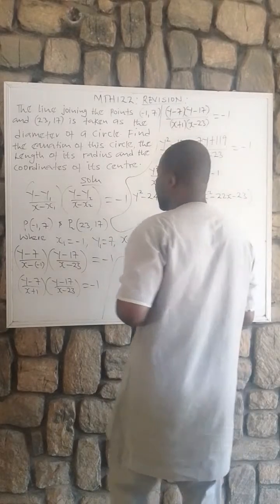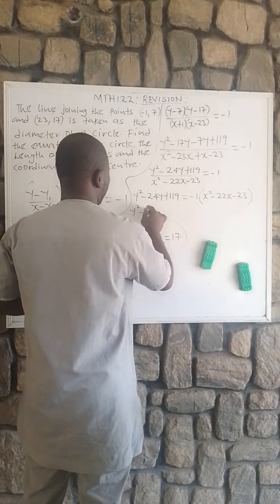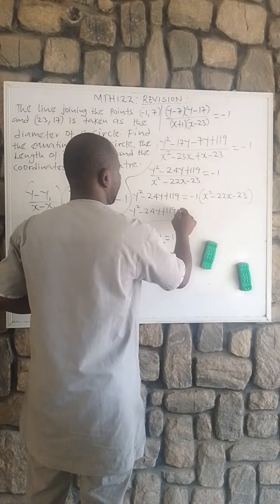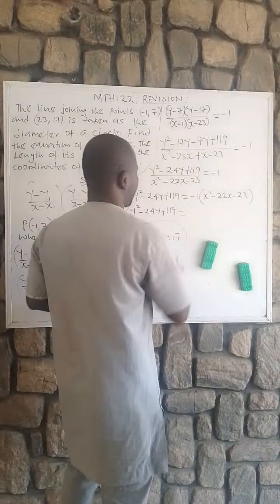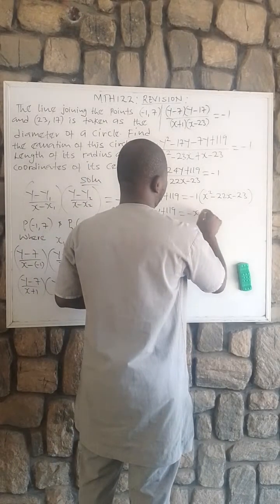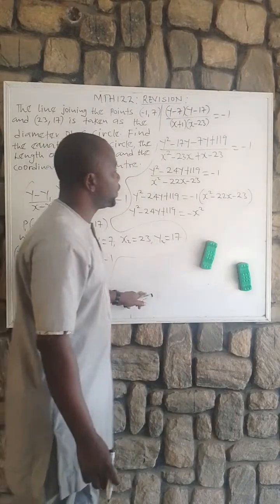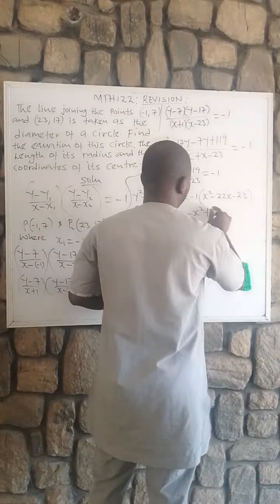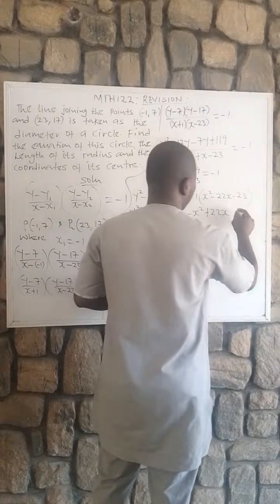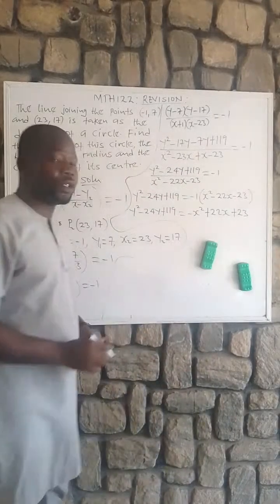So y squared minus 24y plus 119 equals to minus, this times this, we are going to have minus x squared, minus 1 times minus 22x, we have plus 22x, minus 1 times minus 23, we have plus 23. True or false?